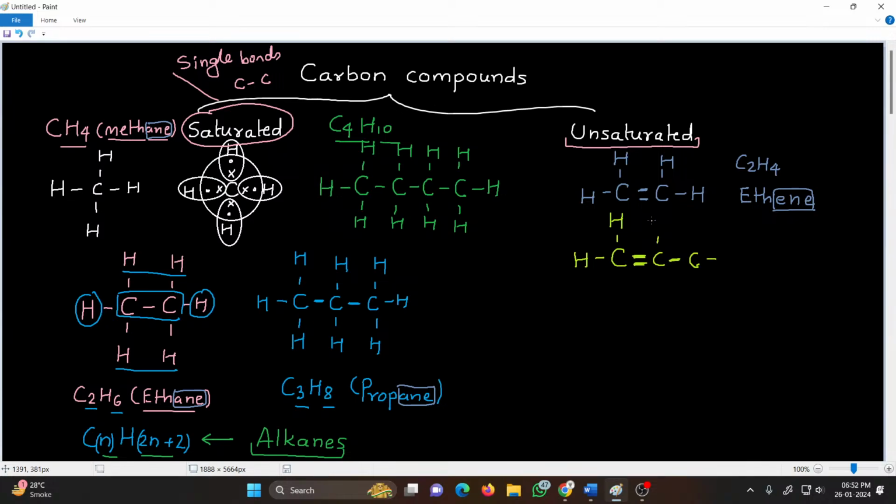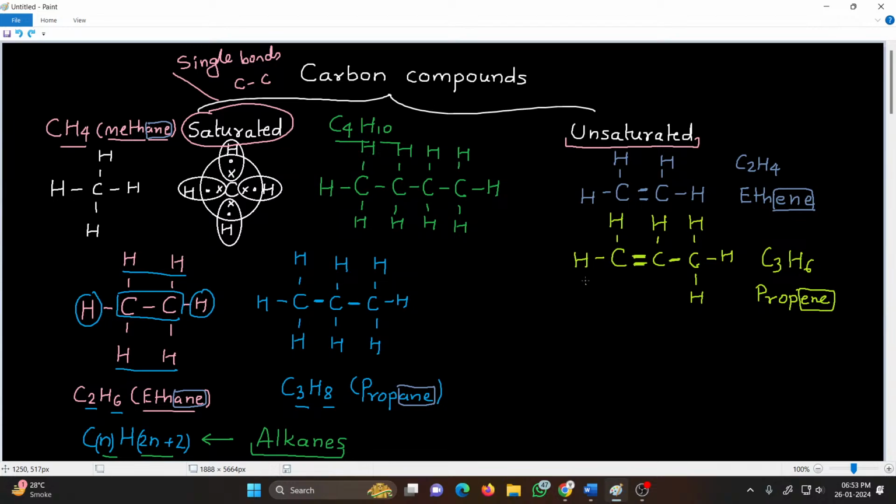So that can be given by hydrogen. For the last one, we can see that 3 electrons are needed. So the formula here is C3, and how many hydrogen? 3 plus 3, 6, H6, and the name of the compound is propene. Again the last 3 letters ENE, and 3 carbon atoms means propene.